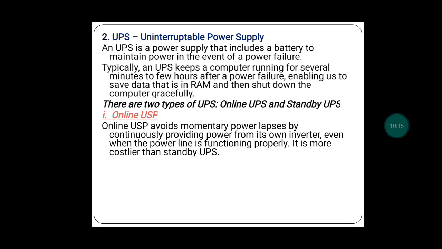Power will be supplied from the mains to your computer systems directly, as well as to the inverter of this online UPS. So you are going to get power from both, from the mains as well as from the inverter of this online UPS.